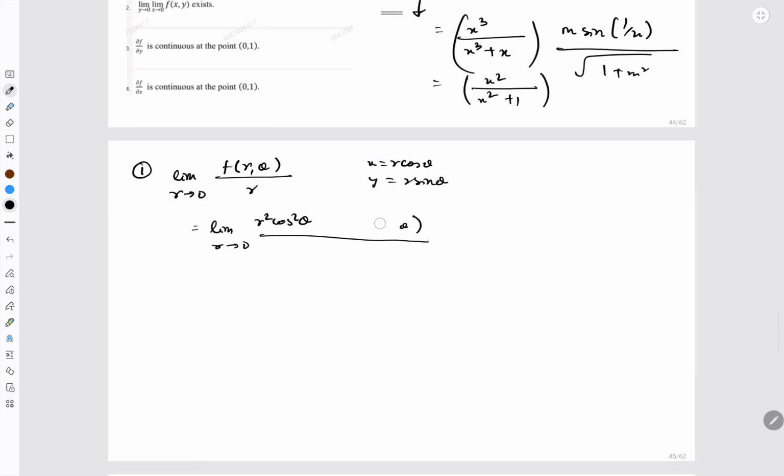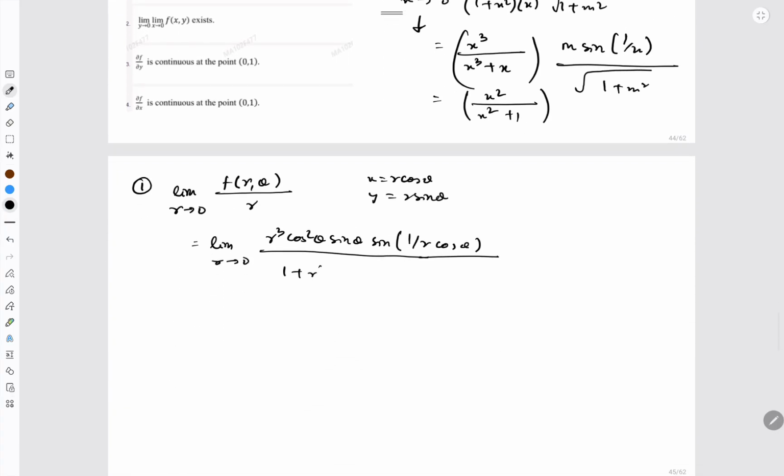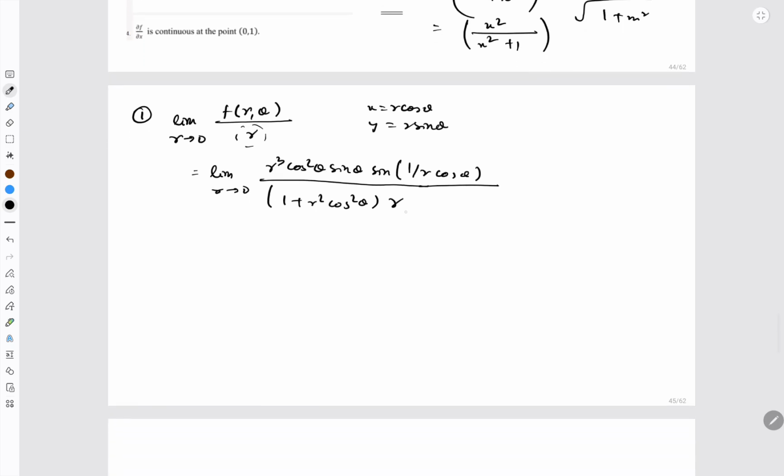So r cube cos square theta sin theta sine 1 by r cos theta. Now there is 1 plus r square cos square theta, and there is r as well because we had r here. So limit r tends to 0, I can cancel, r square it will be.